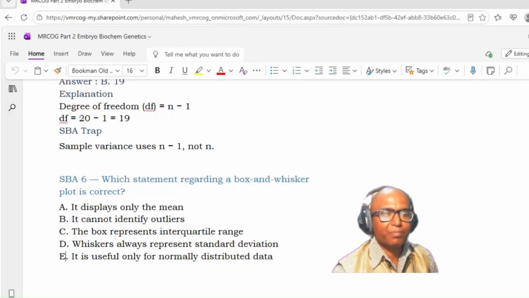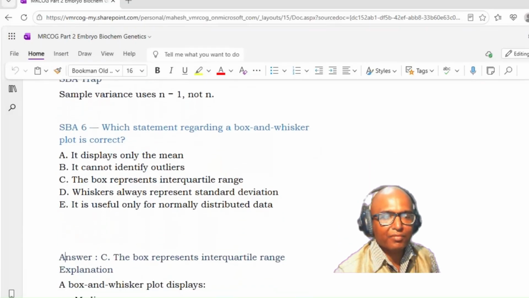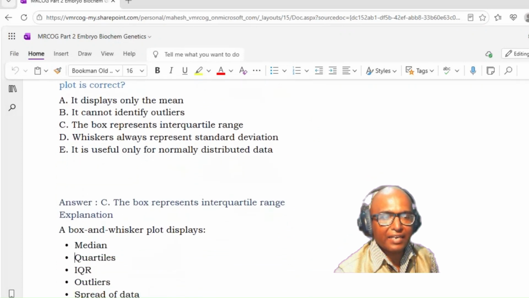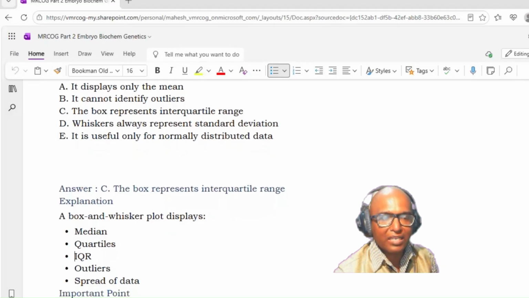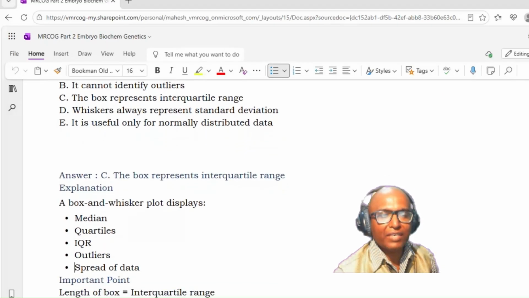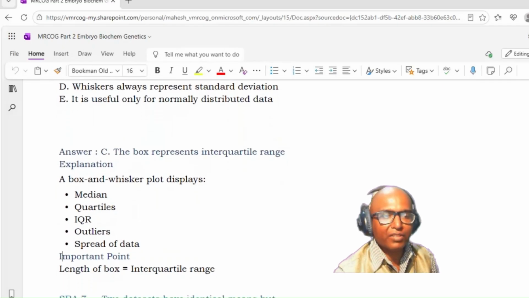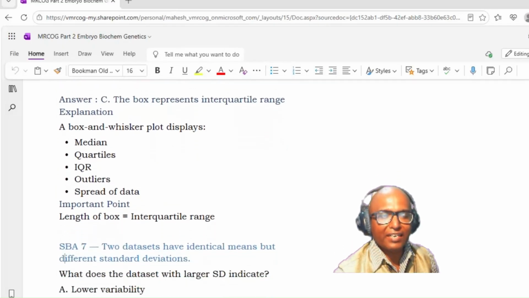Correct. Then there are whiskers, and beyond the whiskers, you get the outliers. The box and whisker plot displays median, quartiles, interquartile range, outliers, and spread of data. So the length of the box is the interquartile range.